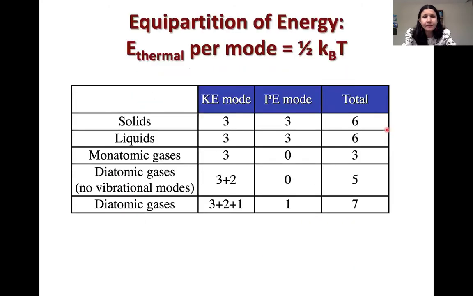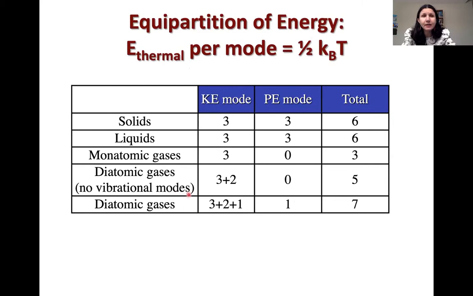Okay, so this is just a review of everything we've seen so far. We argued that solids must have 6 total modes, and liquids as well. Monatomic gases only have 3. And then diatomic gases have new ways that they can store energy, either through rotations or vibrations, because now we have a bond between these diatomic molecules.